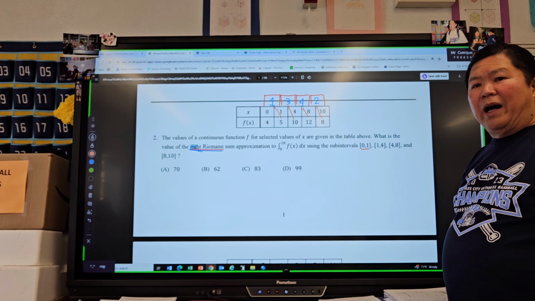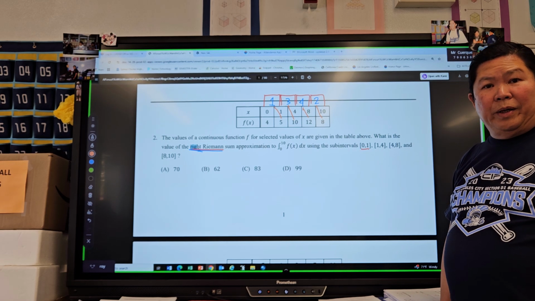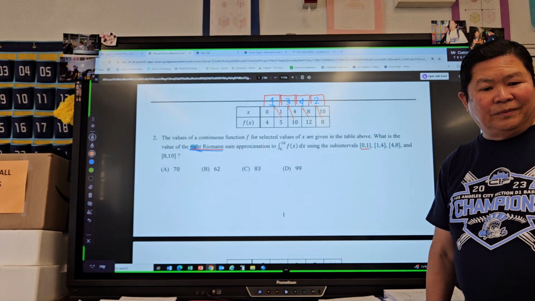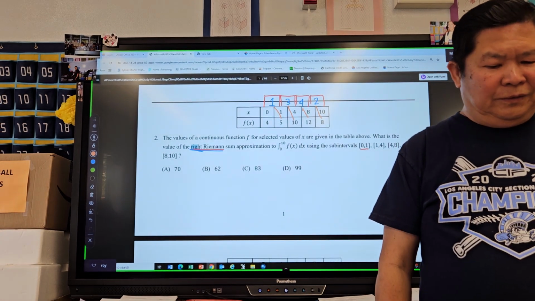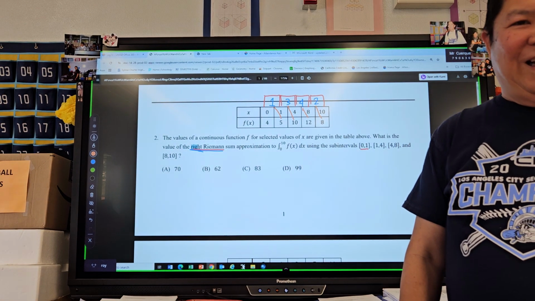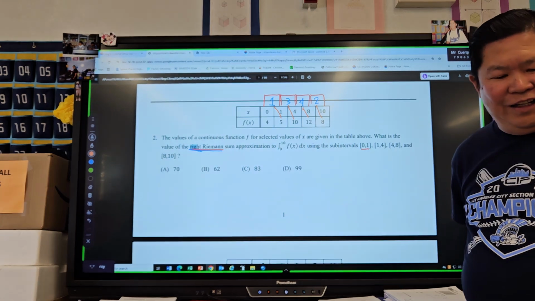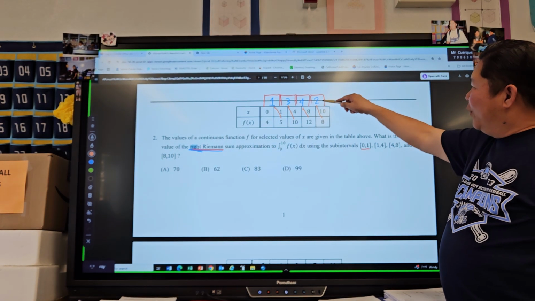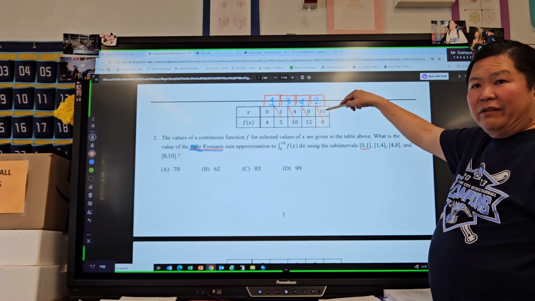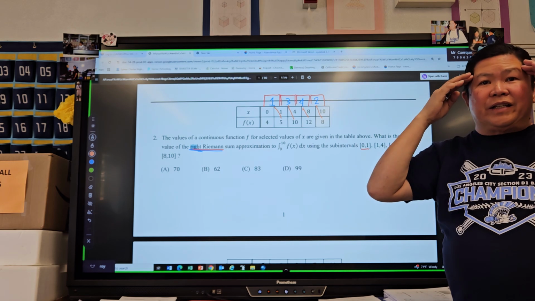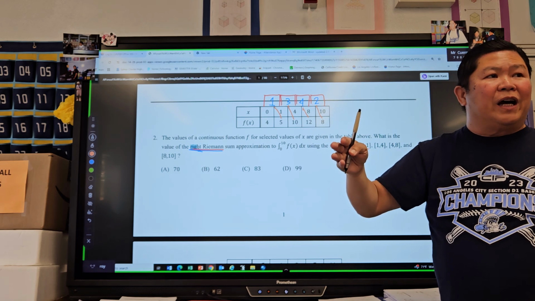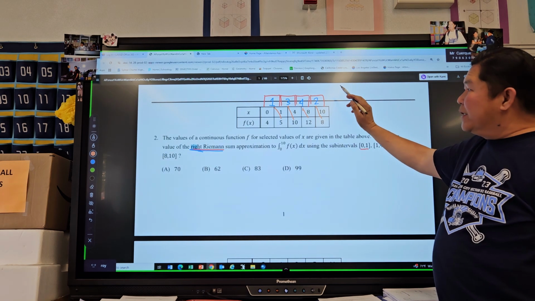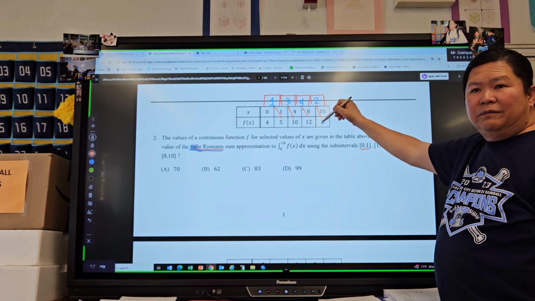Okay, and then what to do now? You can do mental math right here. Can you do mental math? Multiply 2 times 8, 16. 4 times 12, 48.